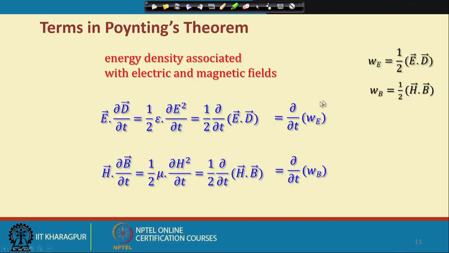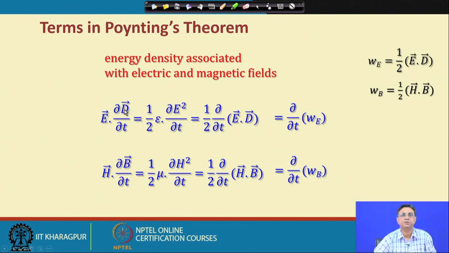So, if we use this definition of the electric and magnetic field energy density, then we can write E dot del D del T, where D is equal to epsilon times E.